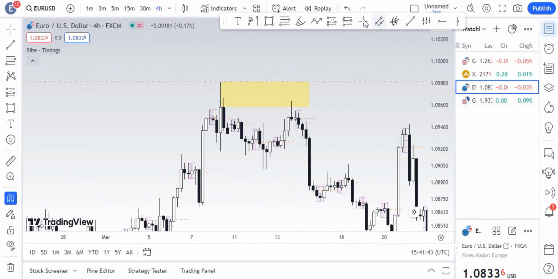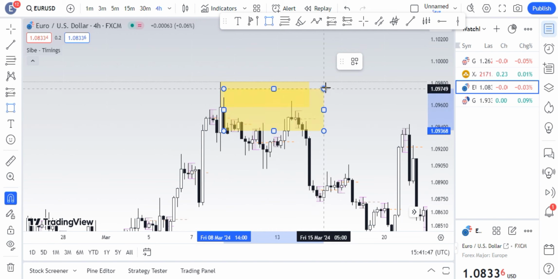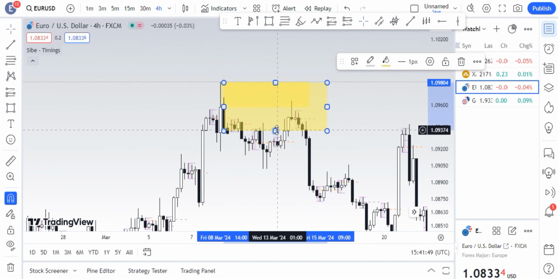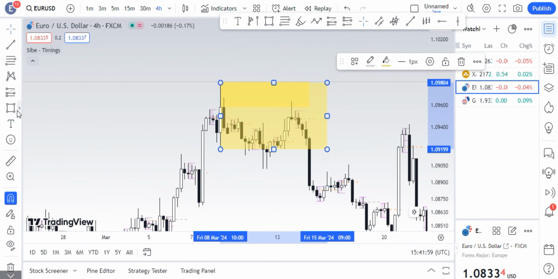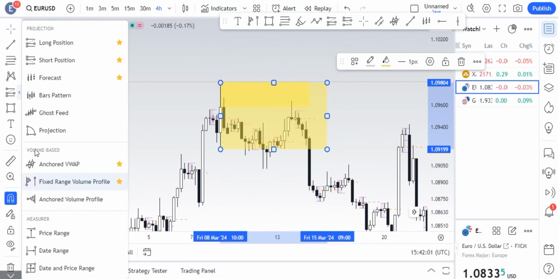So we have technically narrowed stuff down. Instead of picking this entire candle as our order block, let me check how many pips.